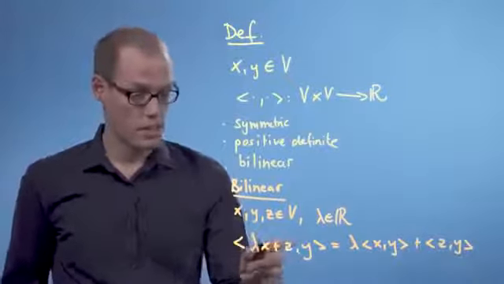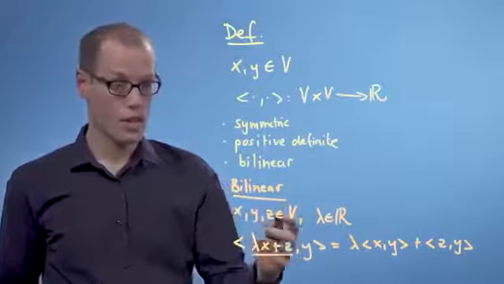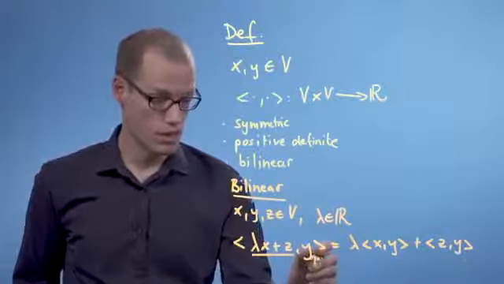So this is linearity only in the first argument of this function, and we require to have linearity also for the second argument of this function.